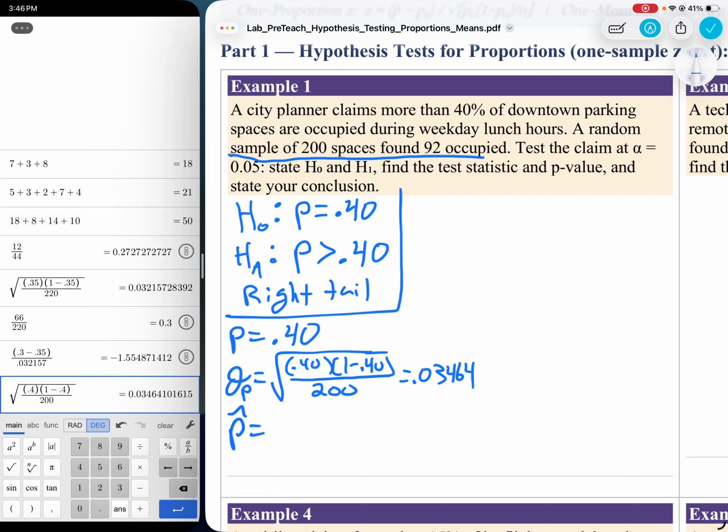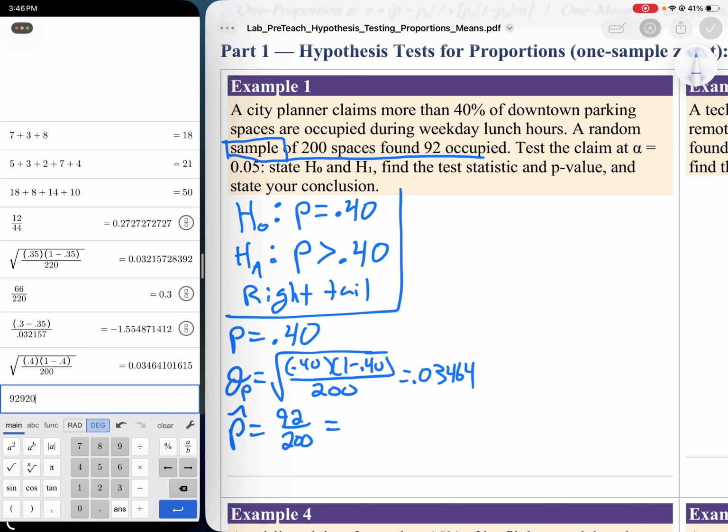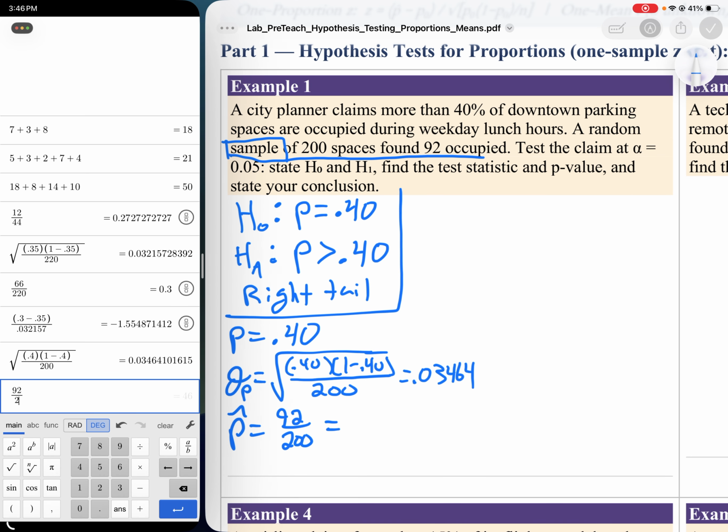P hat is your sample proportion, so we need to go find our sample data, and we'll use those numbers. 92 spots were occupied out of the 200 in the sample, so that'll represent a sample proportion of 0.46. We now have everything we need to go get our z-score or our z-statistic and then turn that into a p-value.